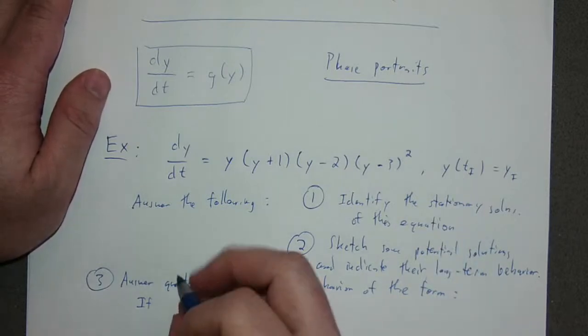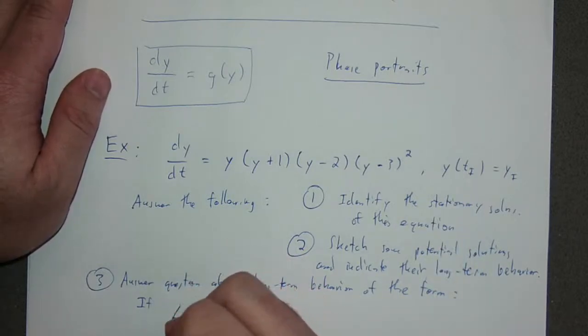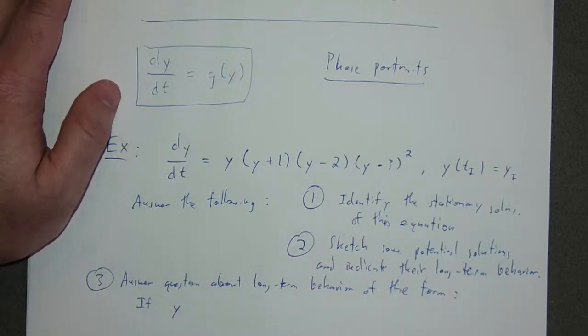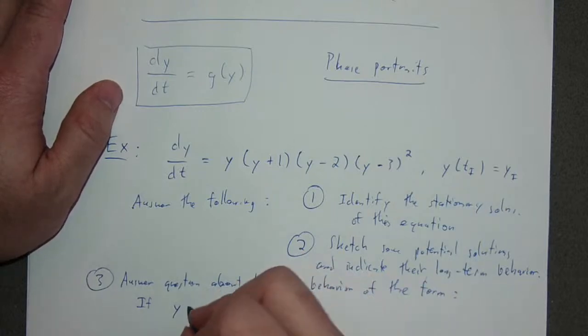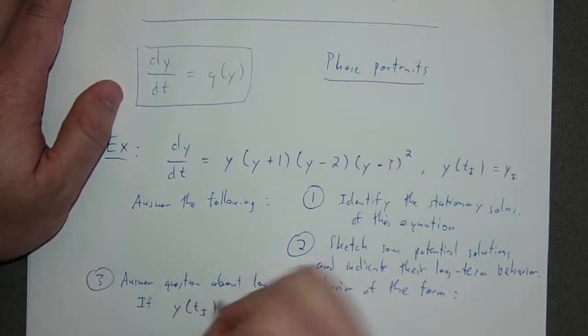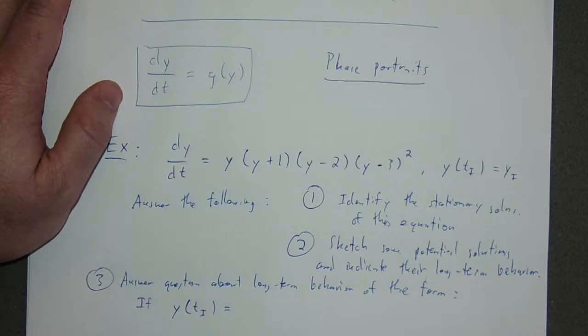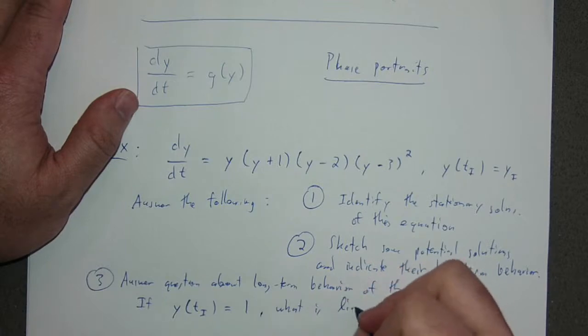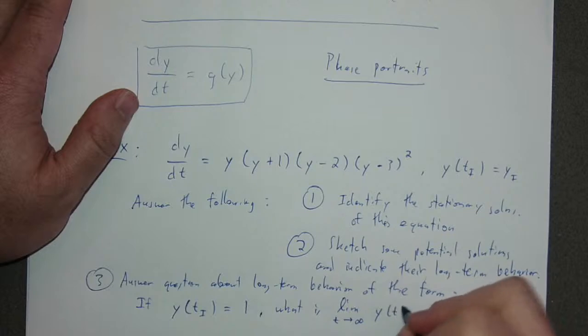If y of t sub i is equal to 1, what is the limit as t goes to infinity of y of t?